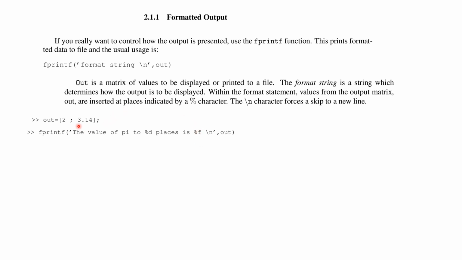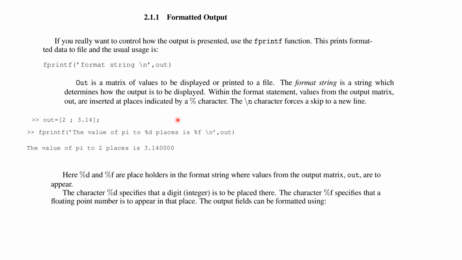It'll print that. So it must be in a column. So it'll go down this column. The value of pi to that many places is that, which will occur in that placeholder F there. That is how it will print that out. So this is a placeholder, that's a placeholder, that's a digit, that's a floating point number.